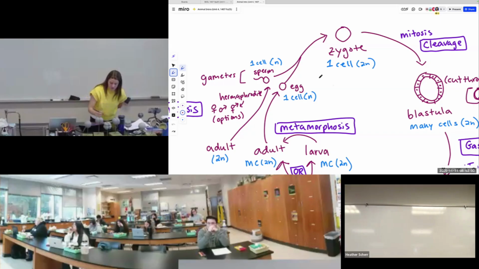And the eggs are not. The eggs are much larger than the sperm too, like a lot. If you had an egg this big, the sperm would be like that big. But I'm not drawing it to scale. Okay, so then we have those two essentially in the end combine their nuclei to get to the zygote.